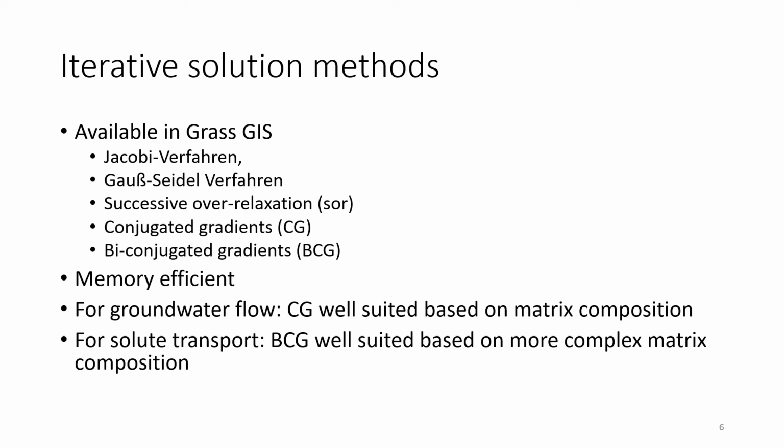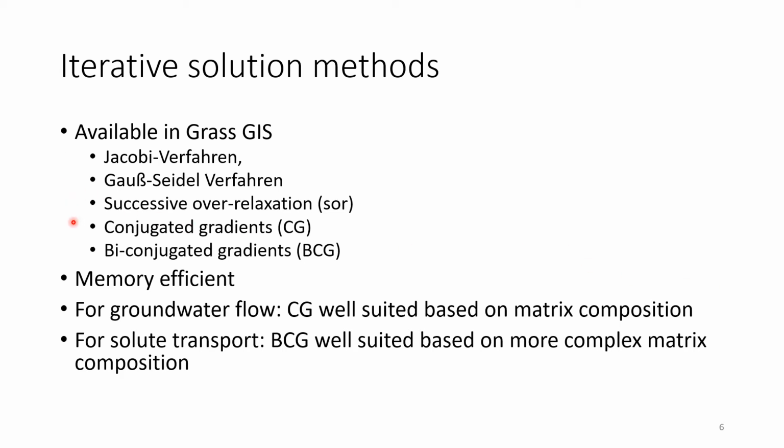For the solute transport, it's recommended to use the biconjugate gradients. The matrix there is a bit more complex than in the pure groundwater flow module. That's why the biconjugate gradients are recommended.